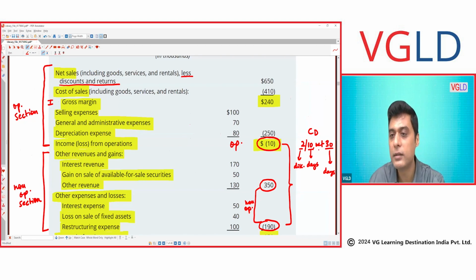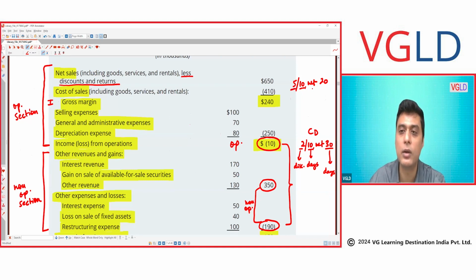Although it says net, you have to pay the full amount. In 2/10 net 30, 10 is days, 30 is days, and 2 is the discount percentage. So if I say 5/10 net 20, that means if you pay within 10 days, I will give you a 5% discount. Otherwise, you pay the full amount in 20 days. Right? So that's how it is.